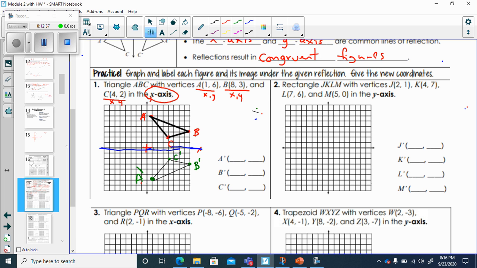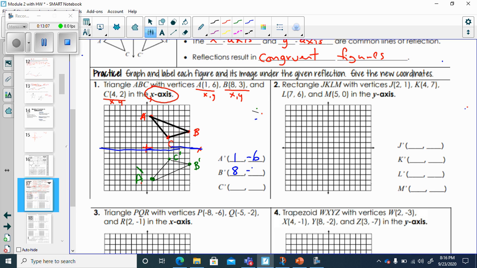A prime is at 1, -6. How about B prime? Let's read it off the chart. 1, 2, 3, 4, 5, 6, 7, 8. I went 8 out on the x-axis, so it's +8. On the y-axis, I'm going down 1, 2, 3, so -3.